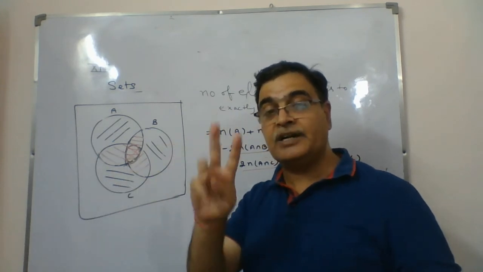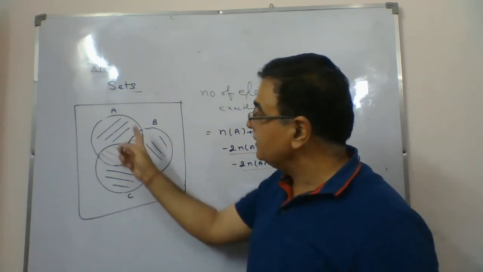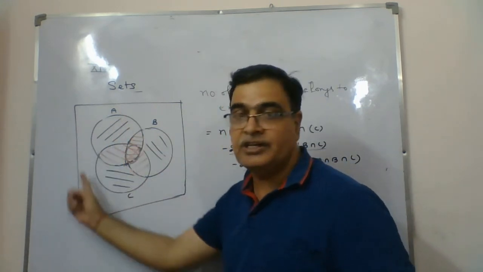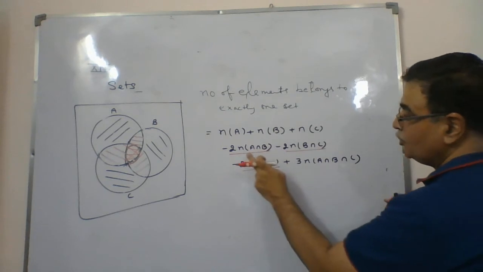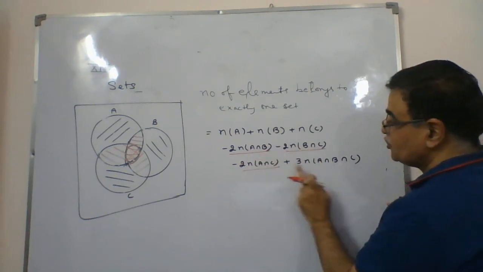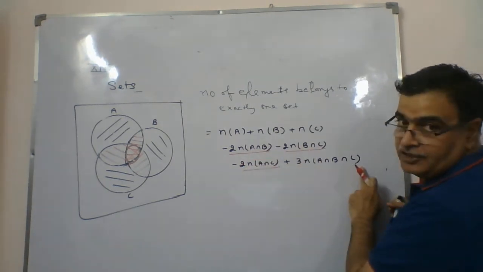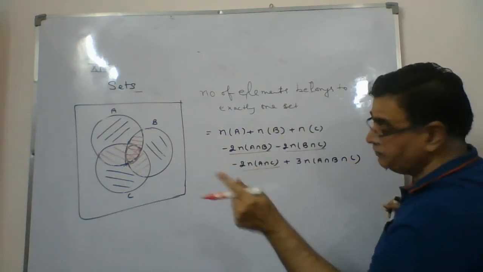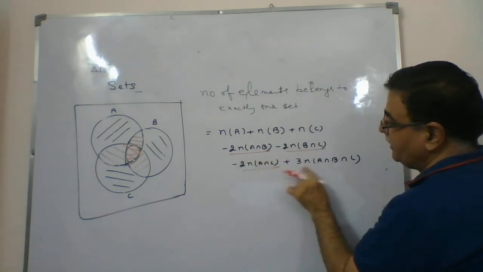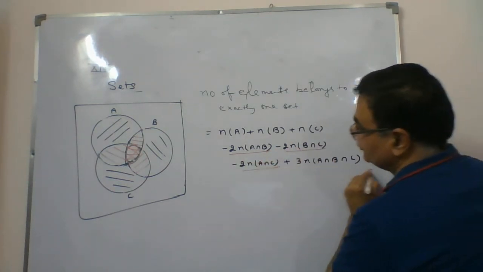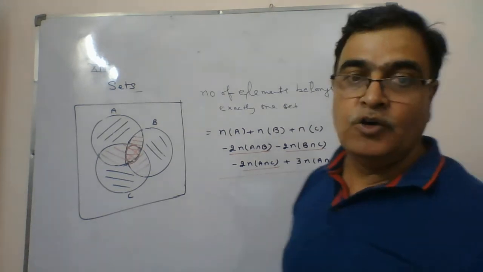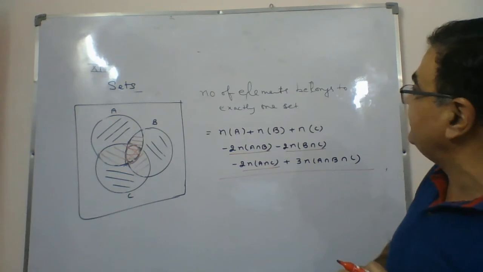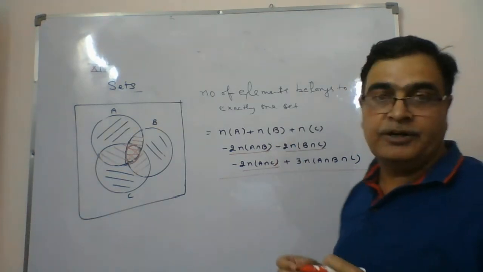But it should be subtracted only 3 times, because actually it was added 3 times. So what you should do in this case is add plus 3 N(A intersection B intersection C), because we should not subtract 6 times, only 3 times. So this is the formula we have for exactly one set. If exactly one set's elements belong, that will be calculated by this.